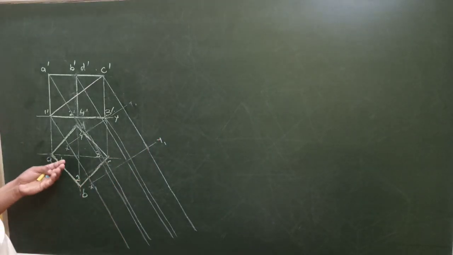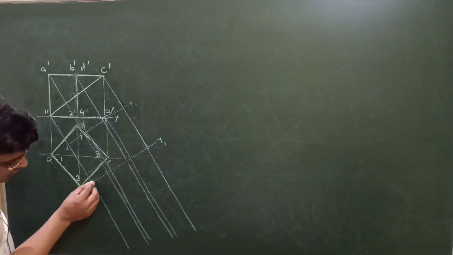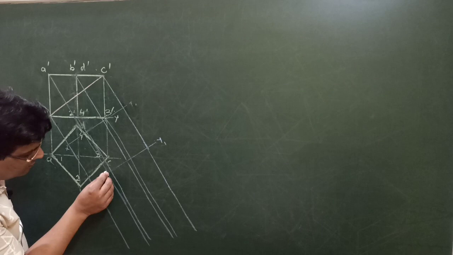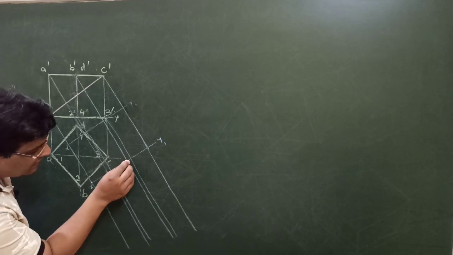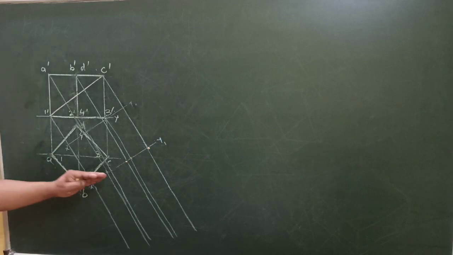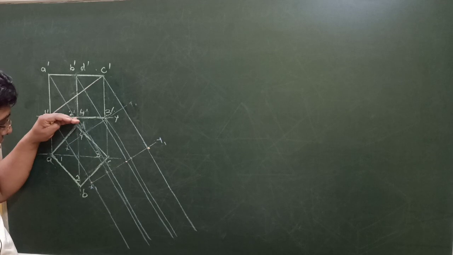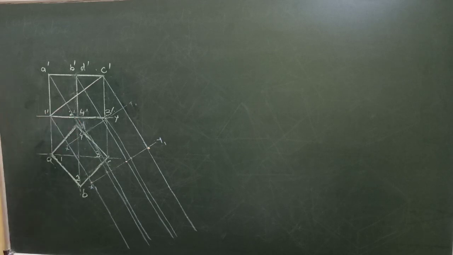Now, as per our rule, we have to cut distances from this X1 Y1 line on all these perpendicular lines, and the distances will be taken from the top view, from the XY line to the point in the top view.